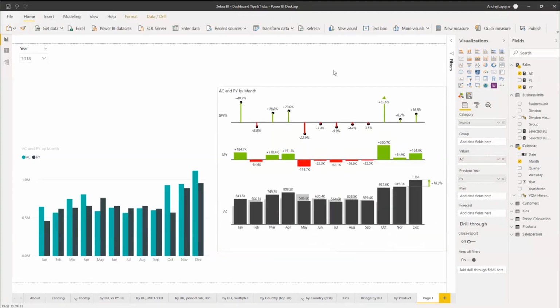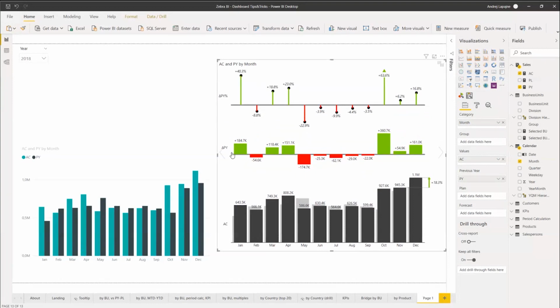And if you have even more space, now the variance has somehow popped out of this chart. So now I have the full picture here. So my actual sales, behind it, the previous year value, and then the absolute variance and the relative variance, right?